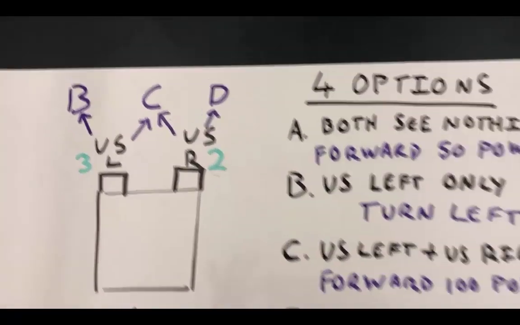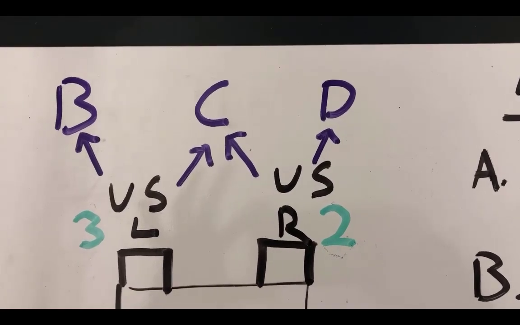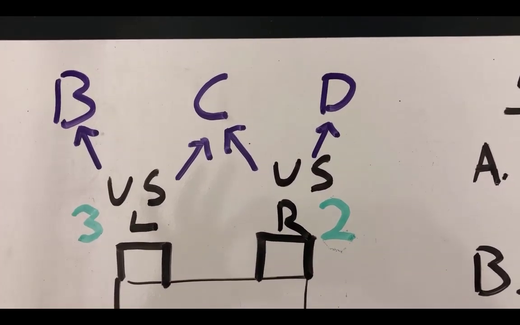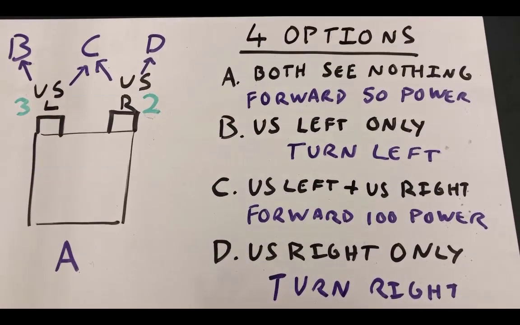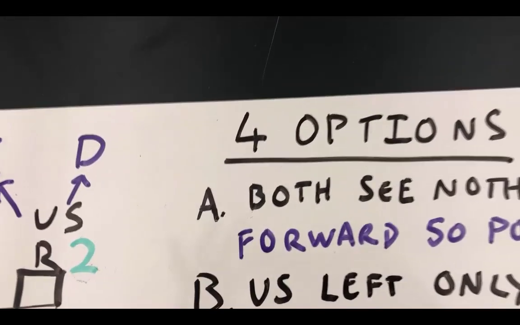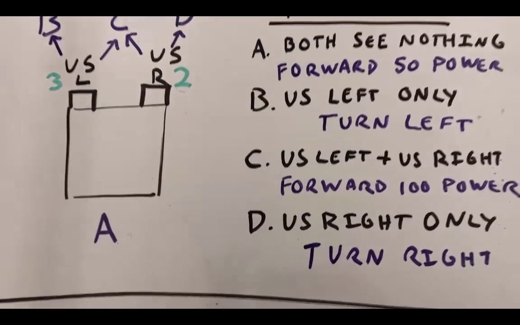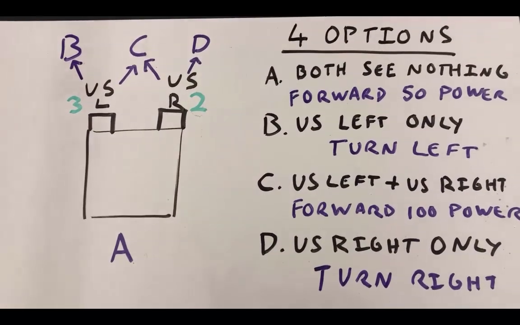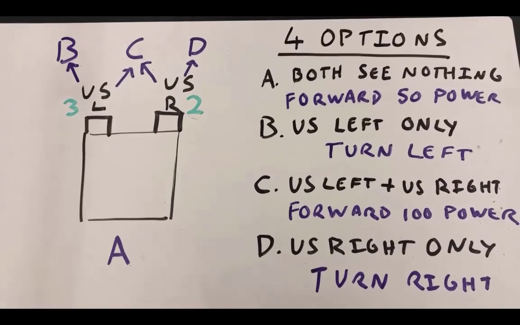Situation C, where both sensors are seeing the same thing in front, therefore you're directly in front of the opponent, go straight at 100 power and attack. And finally, D, if you're to the right, only the right ultrasonic sensor sees you, and therefore you want to turn right. So how do we write a program that converts these 4 options into reality?